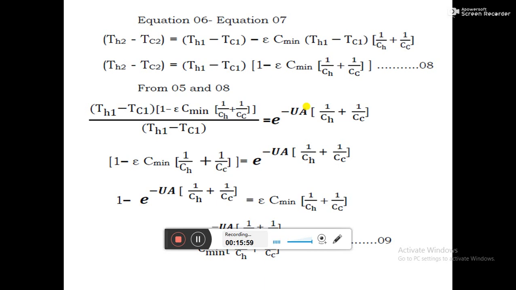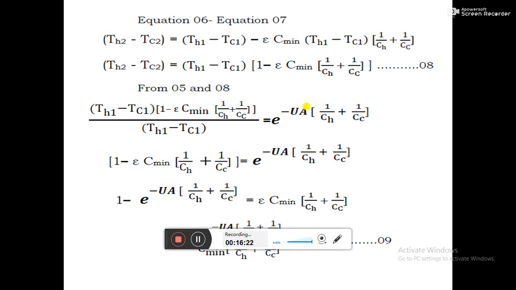Equation number 6 minus 7. By subtracting equation number 6 with 7, we get TH2 minus TC2 equals TH1 minus TC1 minus effectiveness into C minimum into (TH1 minus TC1) into (1 by CH plus 1 by CC).